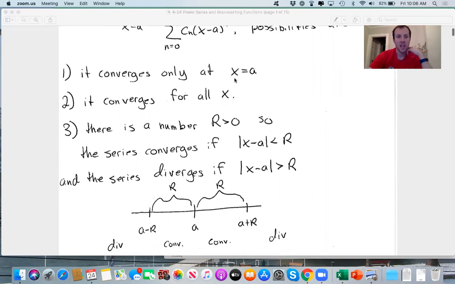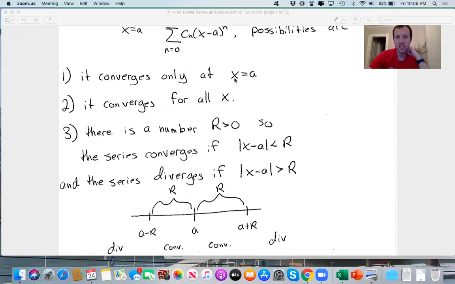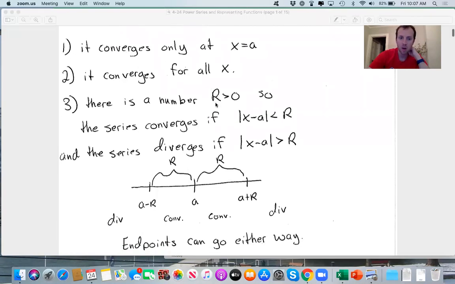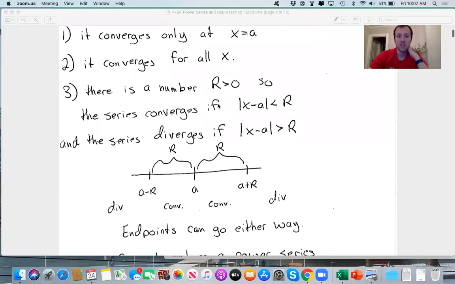The intermediate case, which has the most going on, is that there's some number r called the radius of convergence. And what this means is that if you have your center a, and this is kind of the reason why it's called the center, there's some point where if you go r units in either direction, you converge inside this interval, and you diverge if you're outside it.